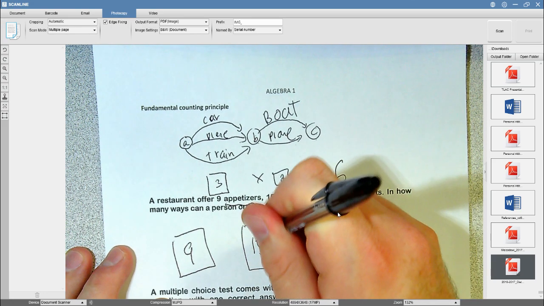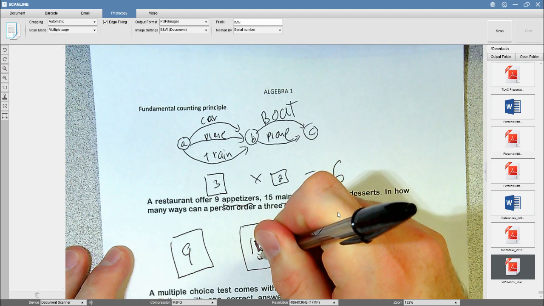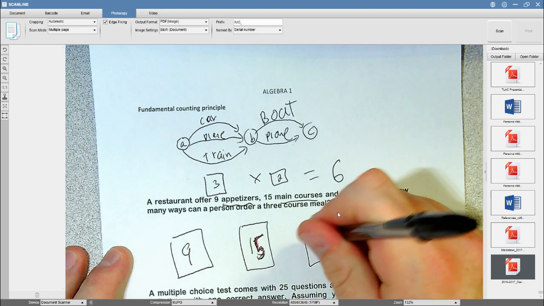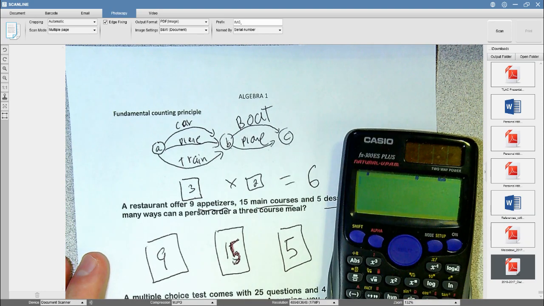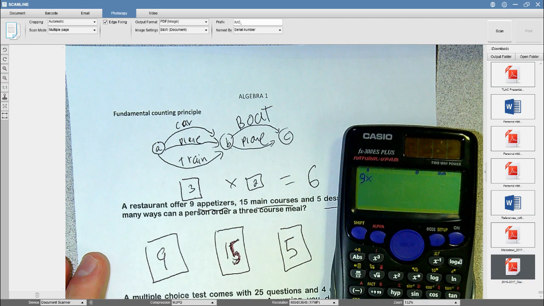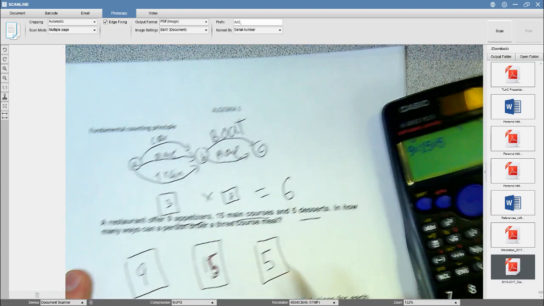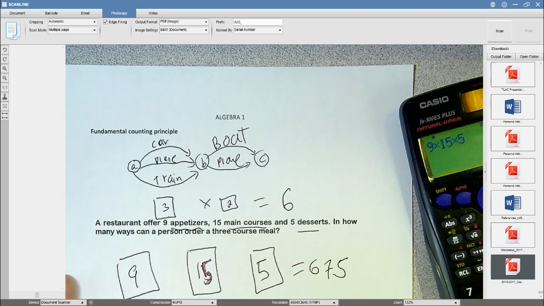I'm sorry, that looks messy, and I'm sorry, that's still a little messy, and 5 desserts. So if we use our calculators, let's see what happens. What's 9 times 15 times 5? 675. So that's 675. So what does that number mean?